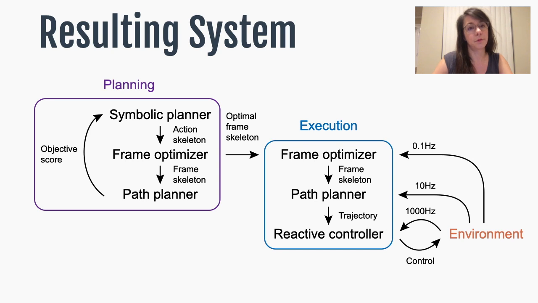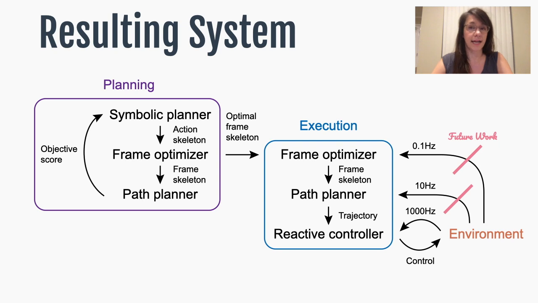Then this optimal frame skeleton is sent to the execution, and there we output a trajectory and give this trajectory to the reactive controller that then interacts with the environment at a very high bandwidth.